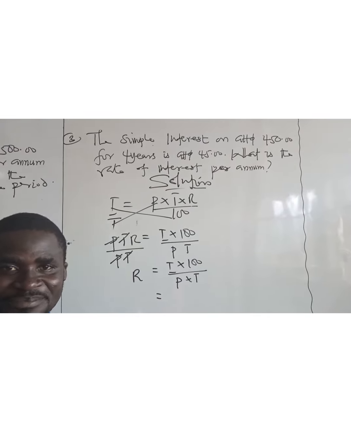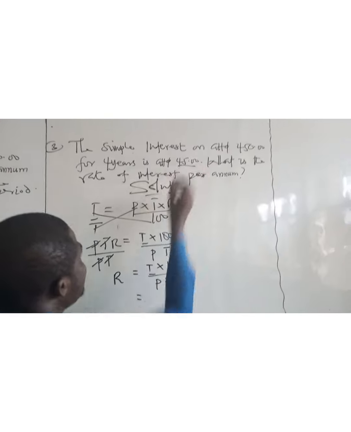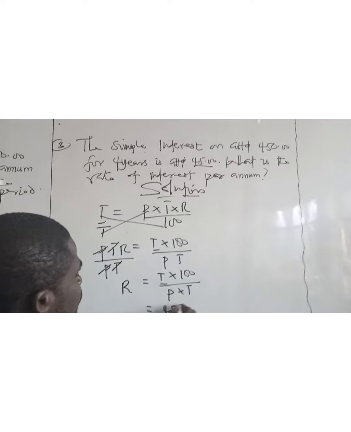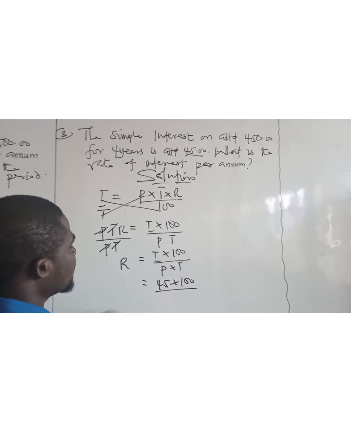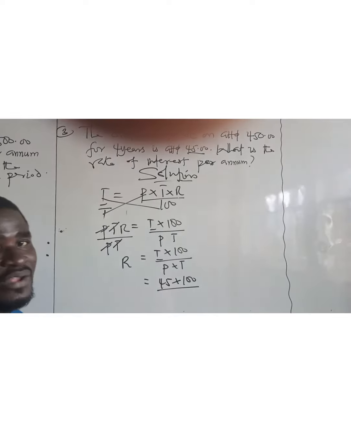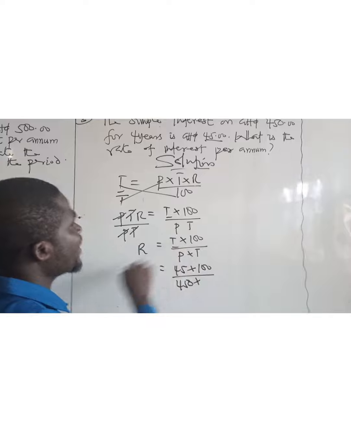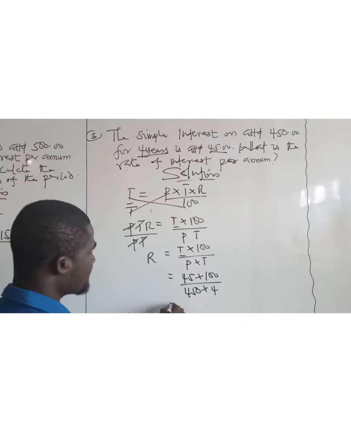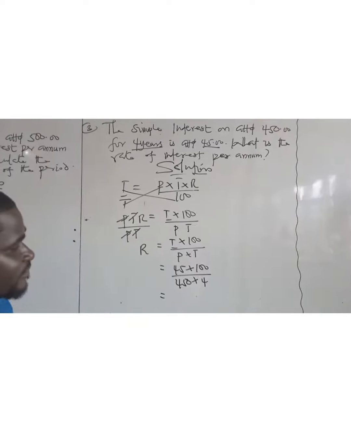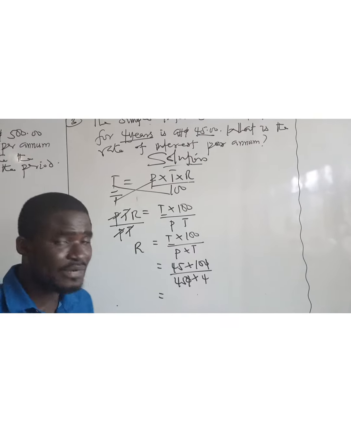So, interest here is 45 Ghana cedis, times 100, all over the principal, 450 Ghana cedis, times 4 years. Now let's cancel. 0 cancel 0. Always try and cancel the zeros first.